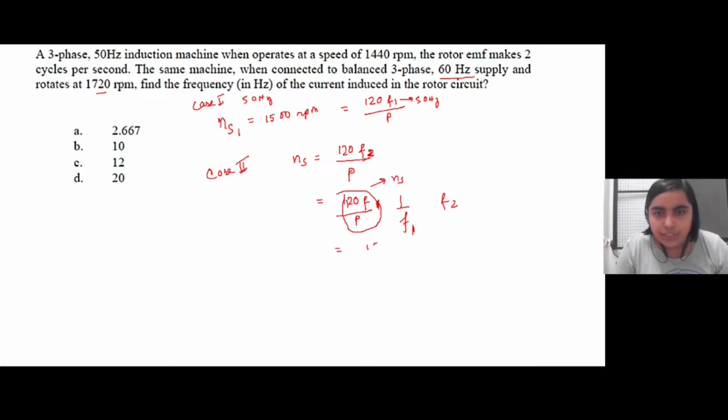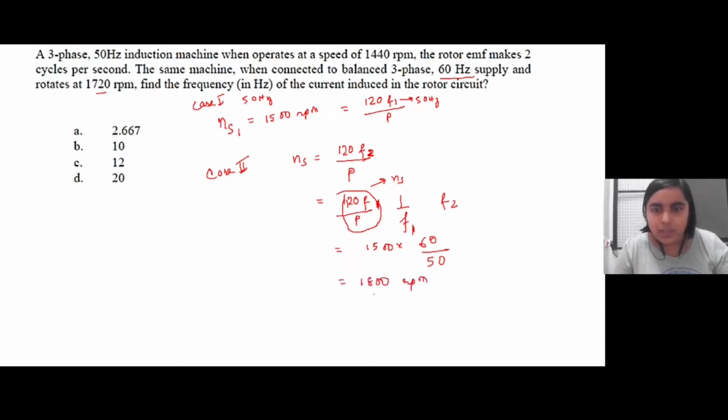So ns is 1500. f2 is 60, that is the new frequency, and the old frequency is 50. So we can calculate the synchronous speed of the second case where it is connected to a 60 hertz supply. So it is 1500 into 60 by 50. It comes out to be 1800.